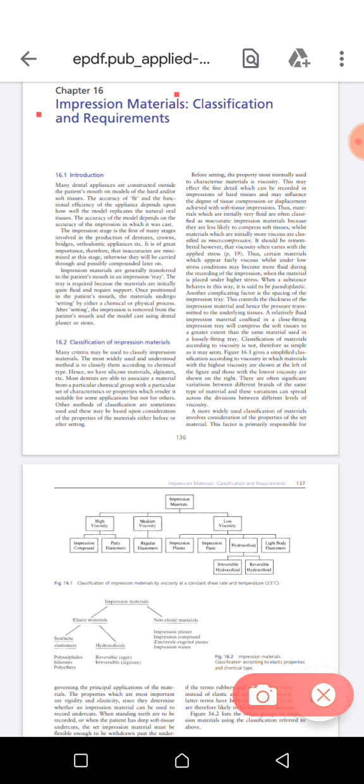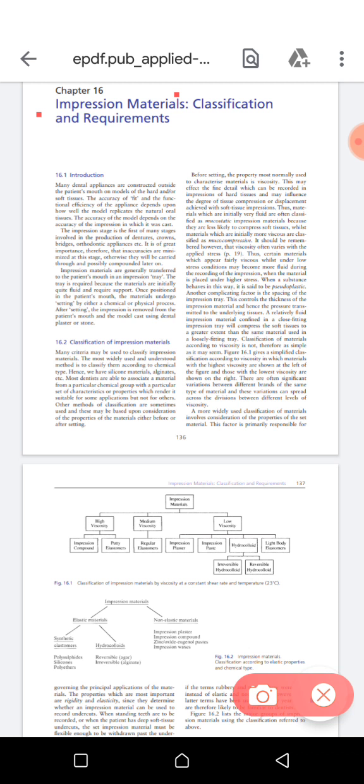For the dentulous mouth, we use alginate, agar, and synthetic elastomers. According to chemical properties, before setting, we have the mucostatic and mucocompressive materials. Mucostatic includes impression plaster, zinc oxide eugenol, impression waxes, alginate, and agar. Mucocompressive includes impression compounds, putty, and elastomers.